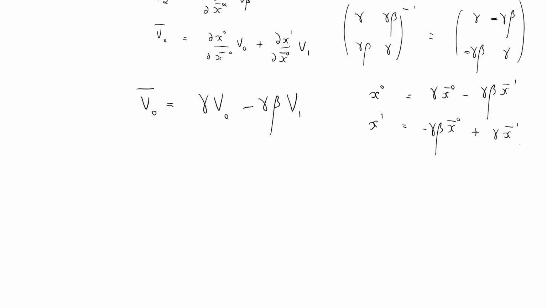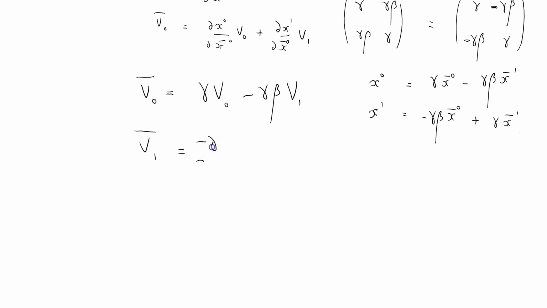And with an analogous expression, I may as well just write it down, the second row is minus gamma beta V0 plus gamma V1. So there's the rule for transforming a covariant vector according to the Lorentz transforms which we've so painstakingly built up.